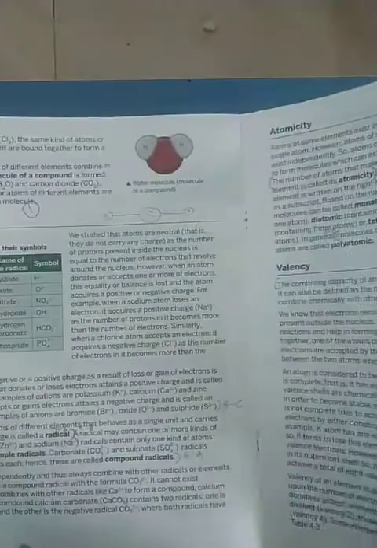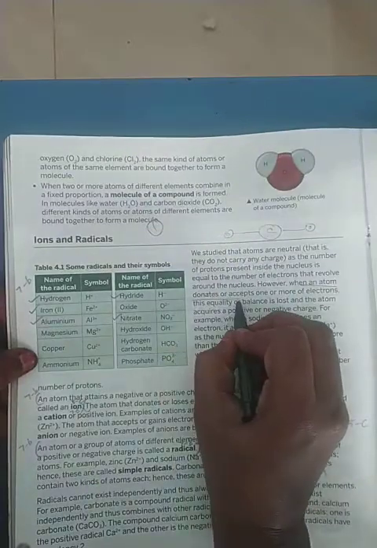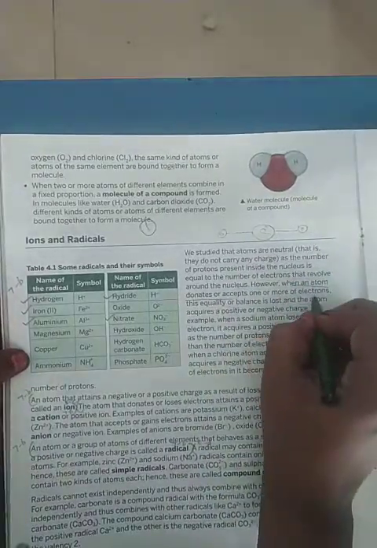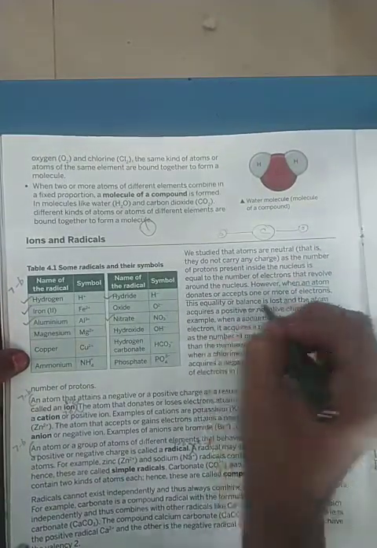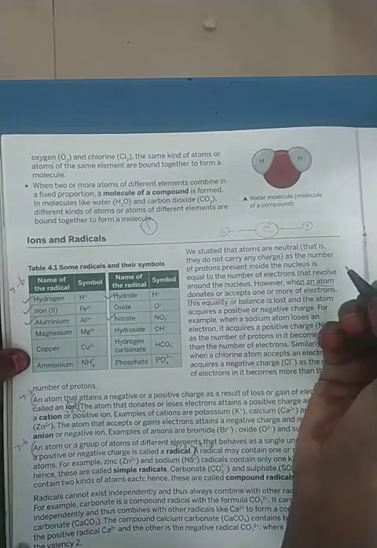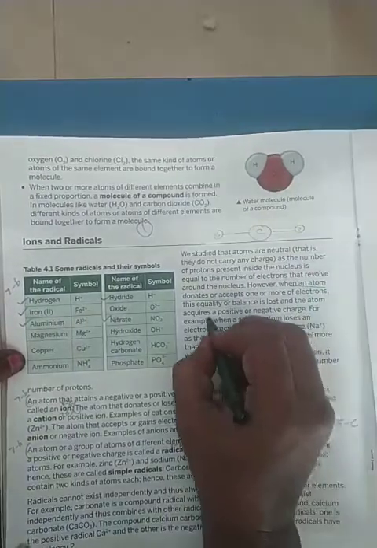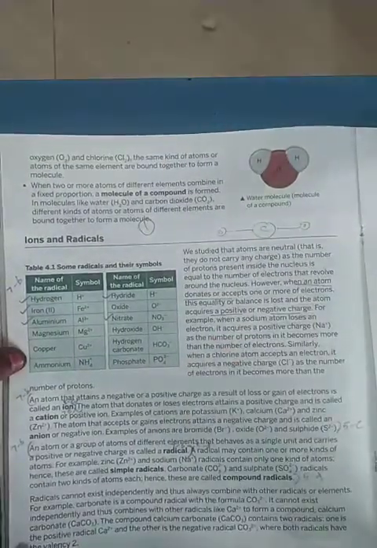Now suppose an atom is donating or accepting. Donating means it is giving out; accepting means it is taking in one or more electrons. Then the balance is lost. Lost means it is not going to be neutral anymore. At that time the atom will acquire a positive or a negative charge.